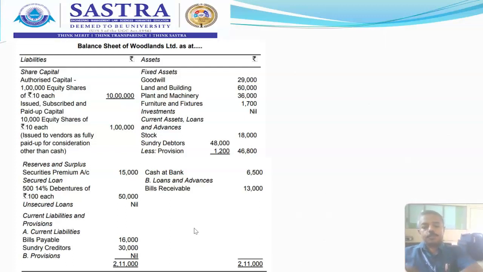So first, go through the question in detail. Understand the question in your own language. Understand the question's sequence also. And then mark all the question's adjustments with respect to the particular account.